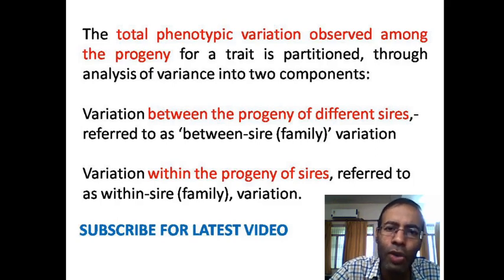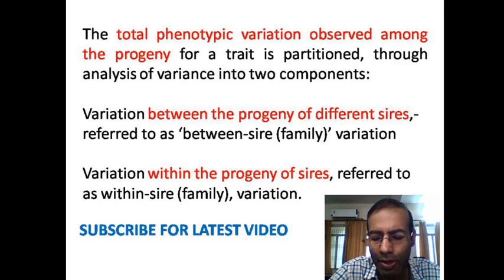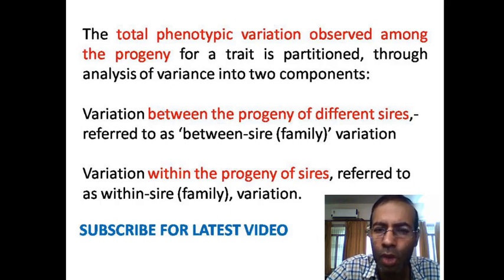The total phenotypic variation observed among the progeny for a trait is partitioned through analysis of variance. Using ANOVA under half sib analysis, we partition the total phenotypic variation observed among progeny.